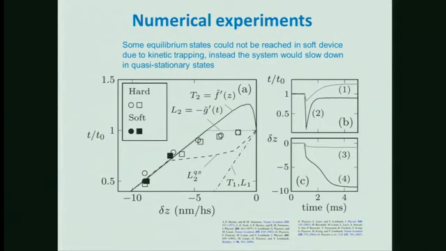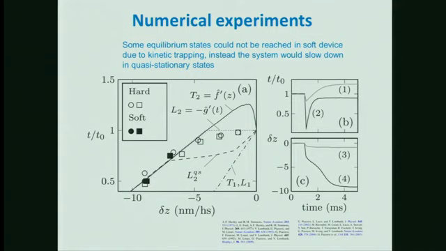This allows us to essentially reproduce those experiments. In particular, the goal is to reach, at the time scale of the experiment, the observed force and length recovery. Now, as we remember, what I said is that some equilibrium states could not be reached in a soft device. So there seemed to be some kinetic trapping here. And in fact, that's what we are seeing.